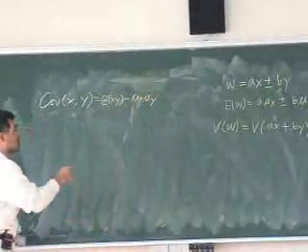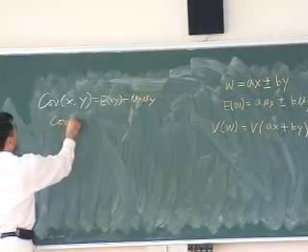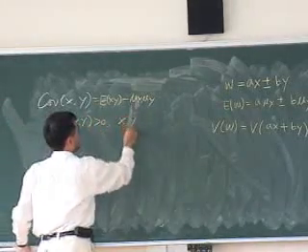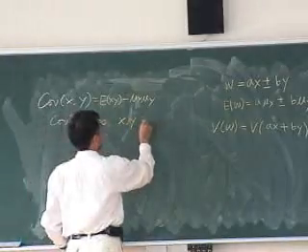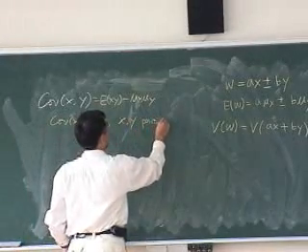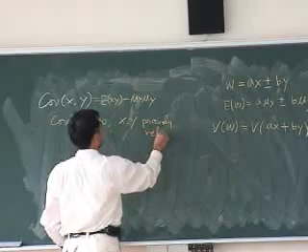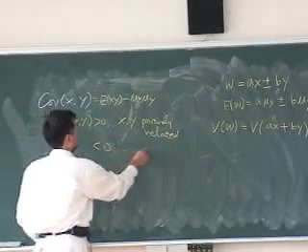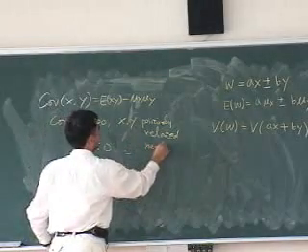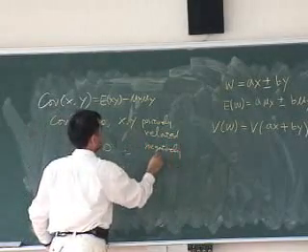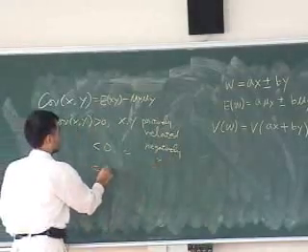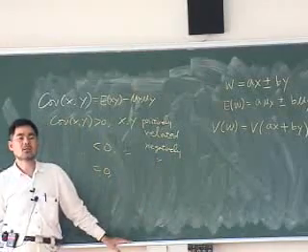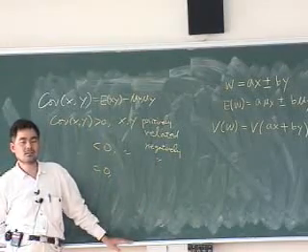I forgot to finish this. When the covariance of X and Y is positive, then X and Y are positively related. When it is less than 0, they are negatively related. When it is equal to 0, does that mean they are independent? No. They are only independent in the linear relationship.